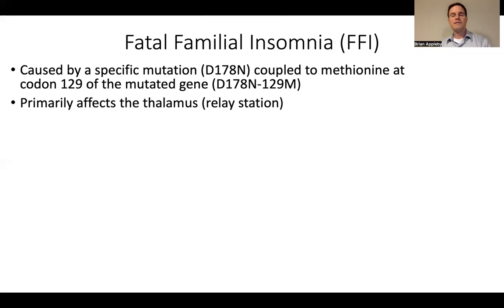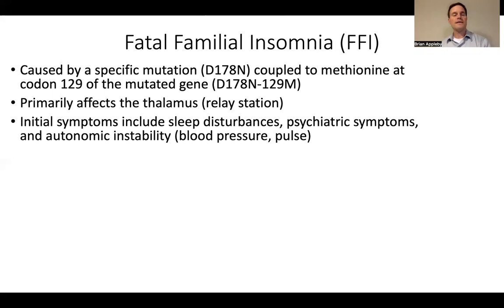In neurology, we think of the thalamus as the relay station because so many neurons go through that area of the brain conveying information from other parts of the brain. So a lot of the symptoms that we see with FFI are because of that thalamus part of the brain being affected. So a lot of the initial symptoms include things like sleep disturbances, psychiatric symptoms, and something called autonomic instability, which basically means that you can have a lot of variability in blood pressure, pulse, even sometimes temperature.